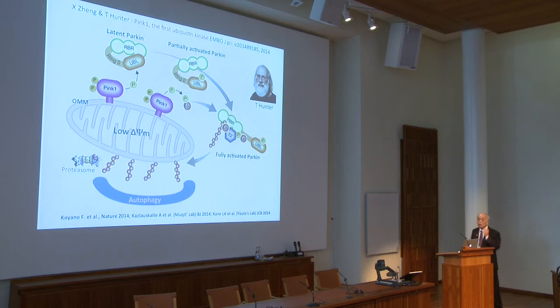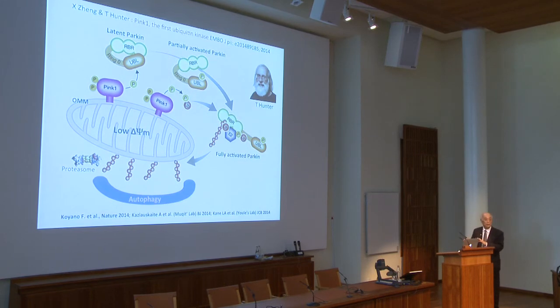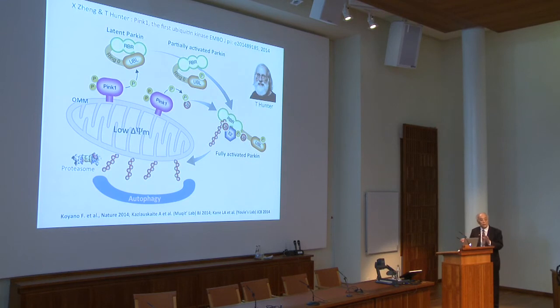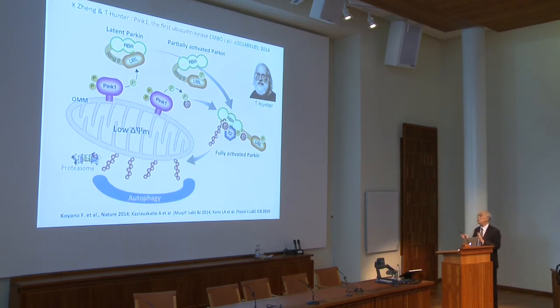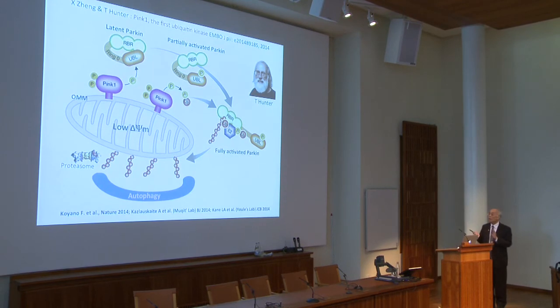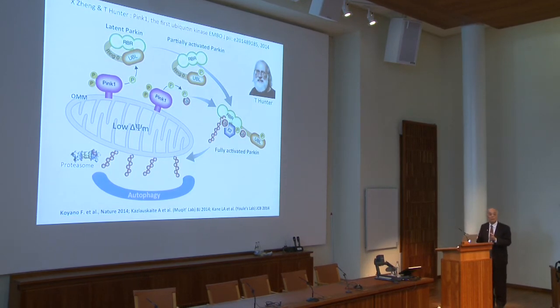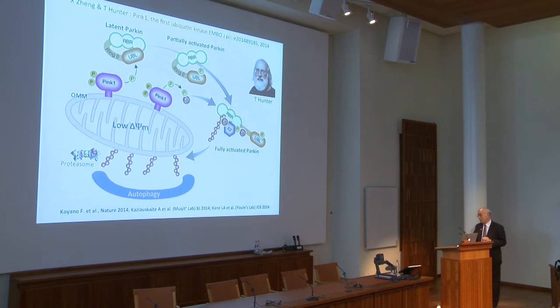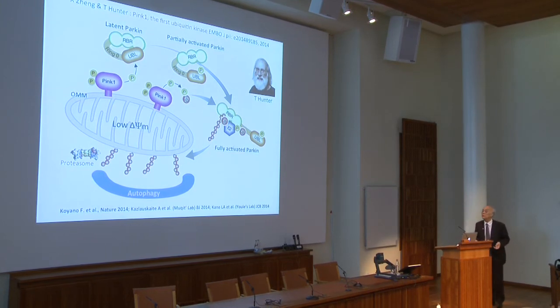As you know, mitochondria are autonomously growing. Therefore, impaired mitochondria are destroyed by autophagy. That's enough to keep mitochondria healthy. This is a key point: impairment of this process causes neuronal death and finally Parkinson's disease.